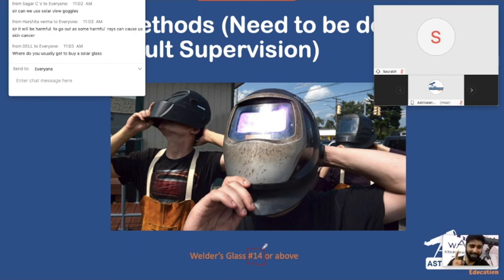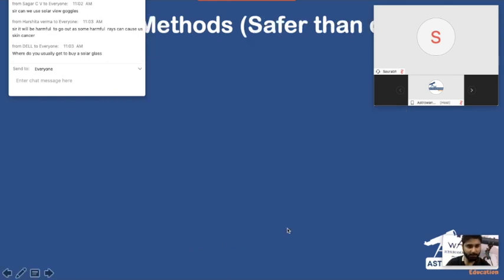If the grade of the welder's glass is number 14 or above, and it's certified by an agency like ISO or American standards or any other agencies, you can use a welder's glass, right? But it should be number 14 or above, right?